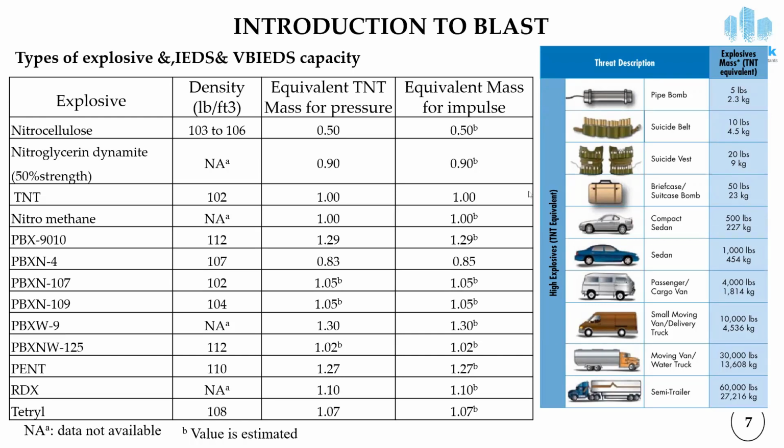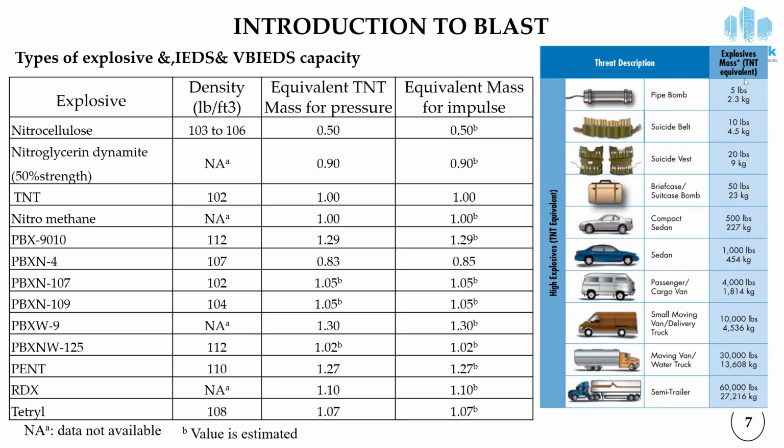Okay, thank you for muting your mic. So these are the different devices which are mostly used for terrorist attacks. For example, explosive material can be fixed in a pipe bomb, and it can be in the shape of a suicide belt or suicide vest. Similarly, different types of vehicles can also be used for such attacks.